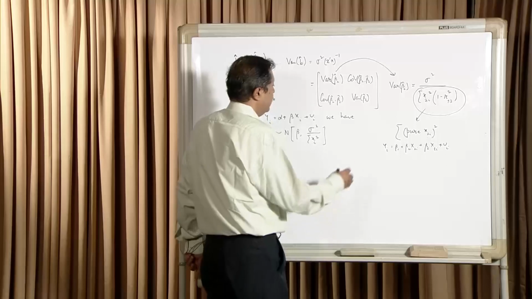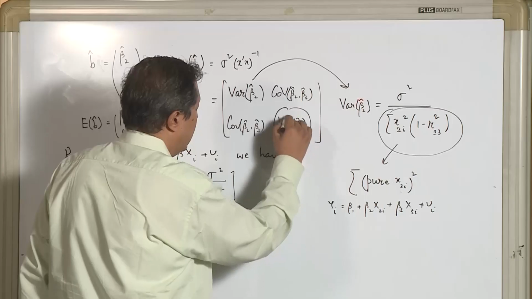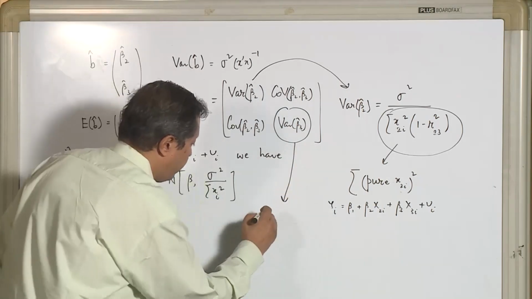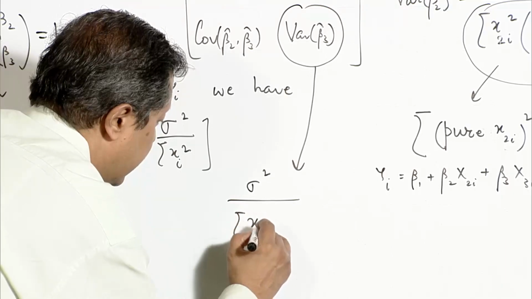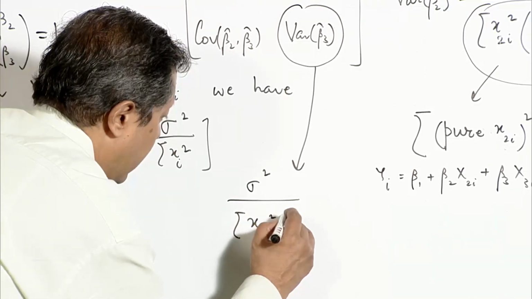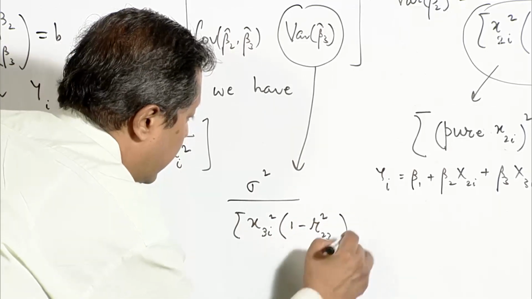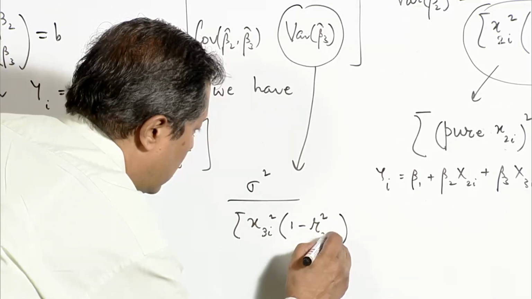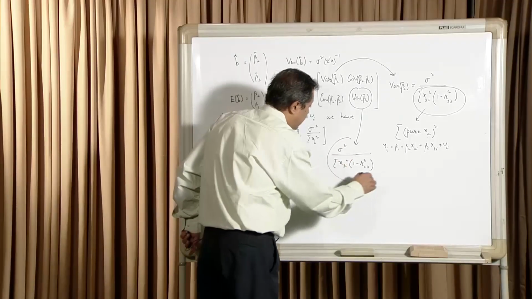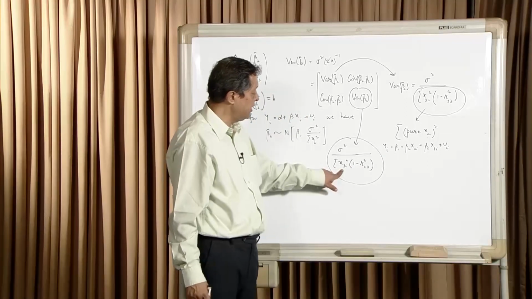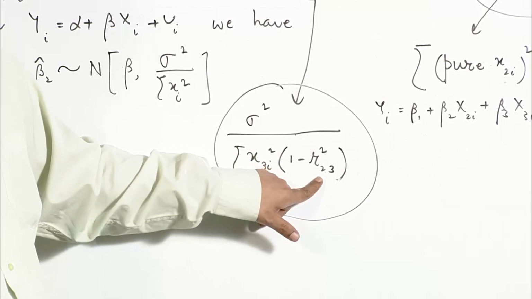In a similar manner, it will be easy to see that the variance of beta 3 hat will be equal to sigma square divided by not just x 3i square, but the cleansed, purified effect, because x 3 also depends on x 2. So, that is sigma square divided by x 3i square times 1 minus r square 2 3.